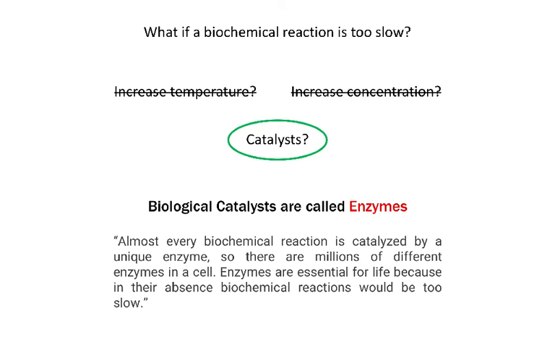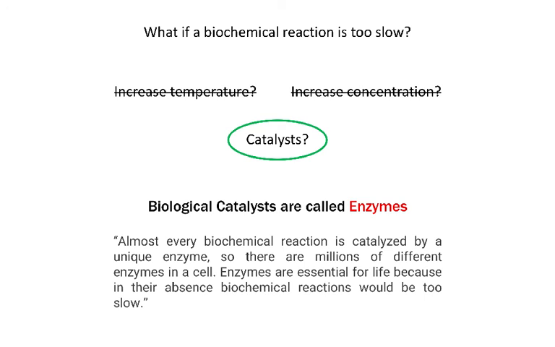And your body naturally does this. You have thousands of different enzymes, which are the name for biological catalysts. So I'm sure you've heard of enzymes, and they are essentially the same as a catalyst, but just with a specific biological context.